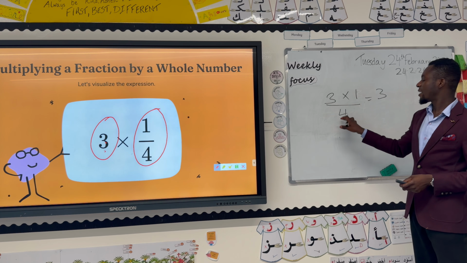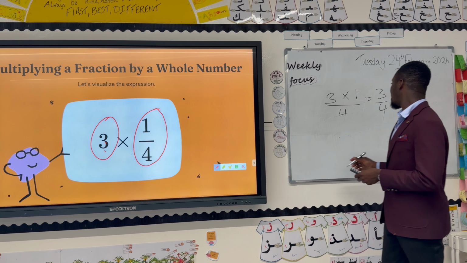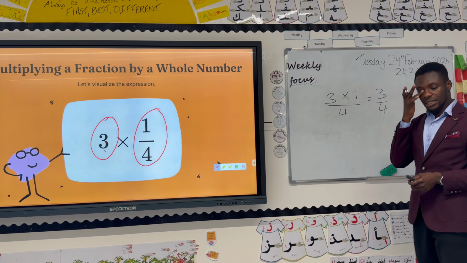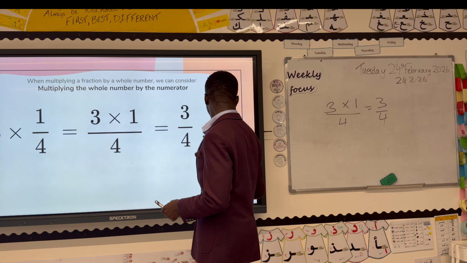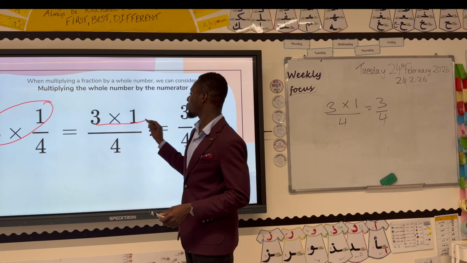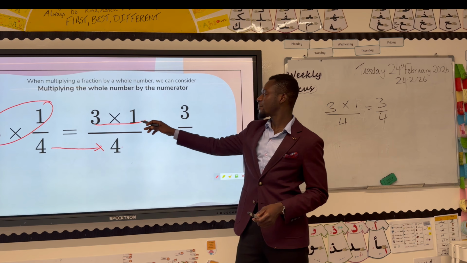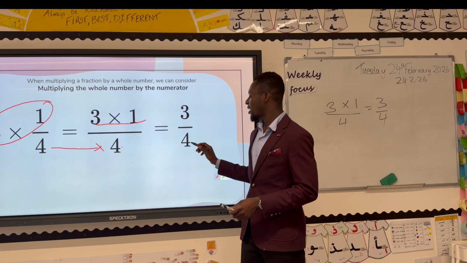And then we bring out 4. So that means that our answer is 3/4. The whole number was multiplied by the numerator. That is what we have here. And then we just shifted our denominator. So 3 times 1 gives us 3, and then out of 4.